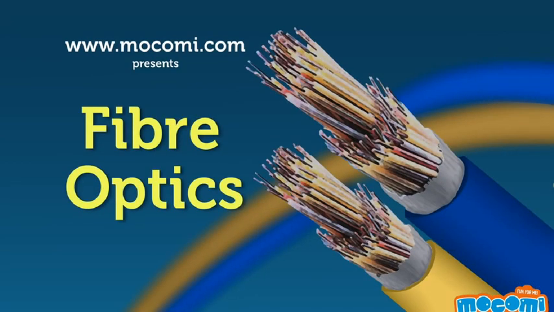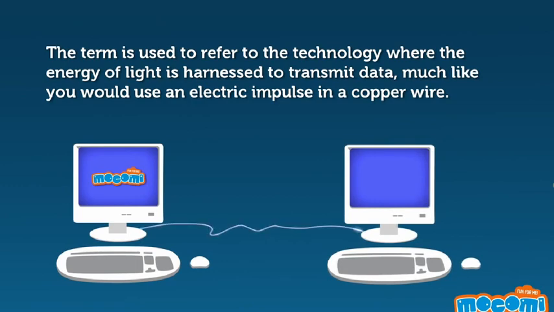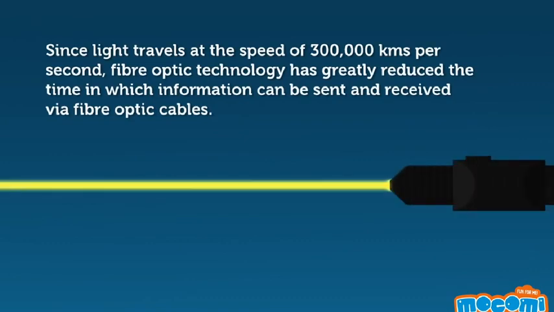What are fiber optics? The term refers to the technology where the energy of light is harnessed to transmit data, much like an electric impulse in a copper wire. Since light travels at 300,000 kilometers per second, fiber optic technology has greatly reduced the time in which information can be sent and received via fiber optic cables.